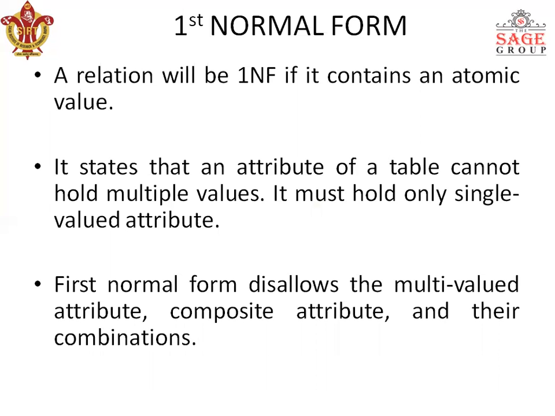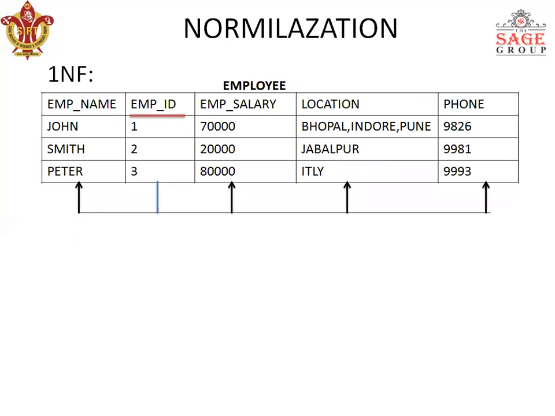Basically, first normal form disallows the multi-valued attribute. It means we do not store multiple values in the same cell, or composite attributes or multi-valued attributes and their combinations. First normal form is based on the atomic property, meaning all the values should be atomic or single valued.